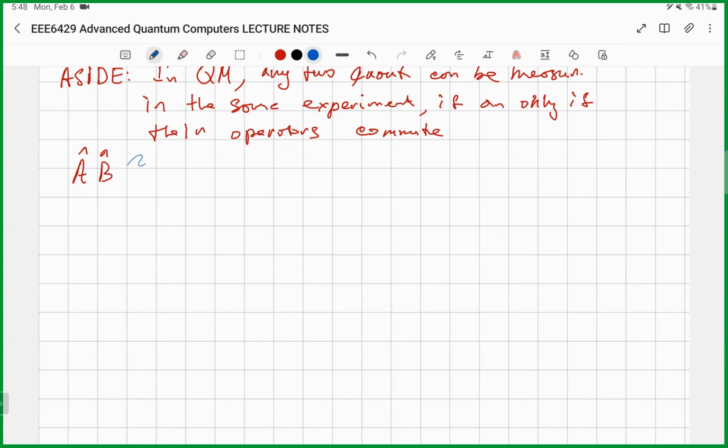In order to make it right, technically I have to write some function here, and consider this as the operator B acting on f first, and then operator A acts on the result of the operator B. But for now, we can remove this function and simply write it this way. So in general, the product of operators A and B doesn't equal the product of B and A.